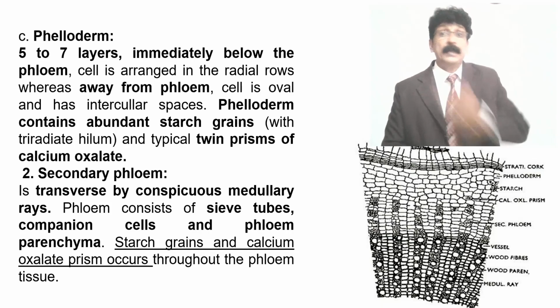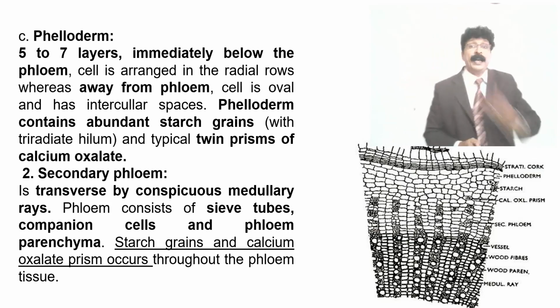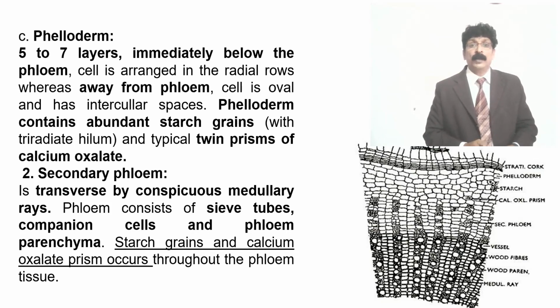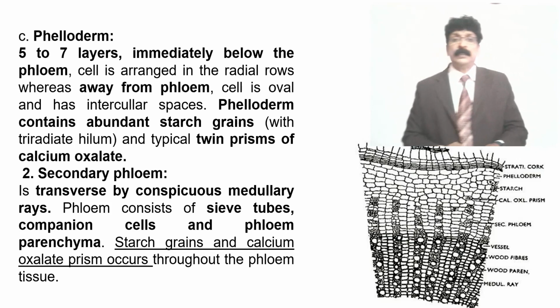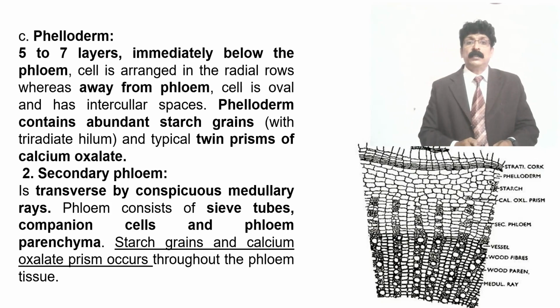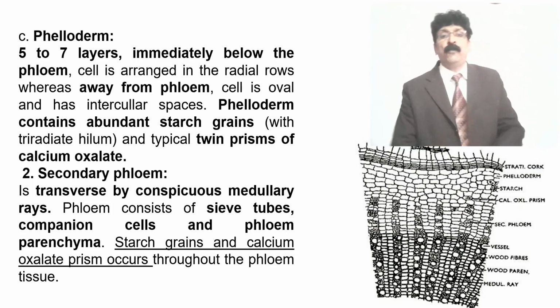It can be seen very transparently, a brick-like structure passing through the xylem and phloem area. Phloem consists of sieve tubes, companion cells and phloem parenchyma; starch grains and calcium oxalate prisms occur throughout the phloem tissues.